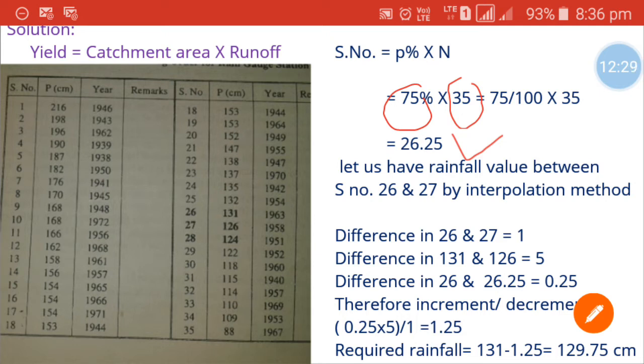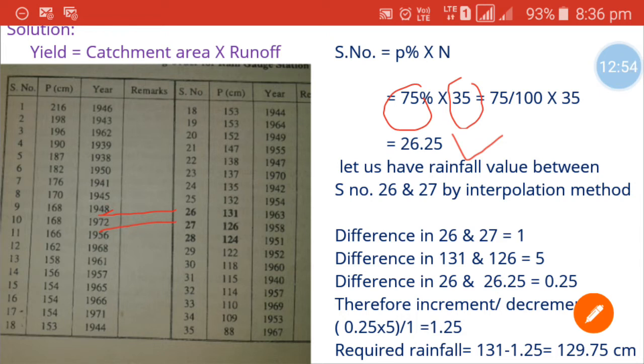Now how to find it? Because this is not an integer value, if you look at the table, we have serial number 26 and serial number 27. At serial number 26, the rainfall value is 131, and for serial number 27 it is 126.